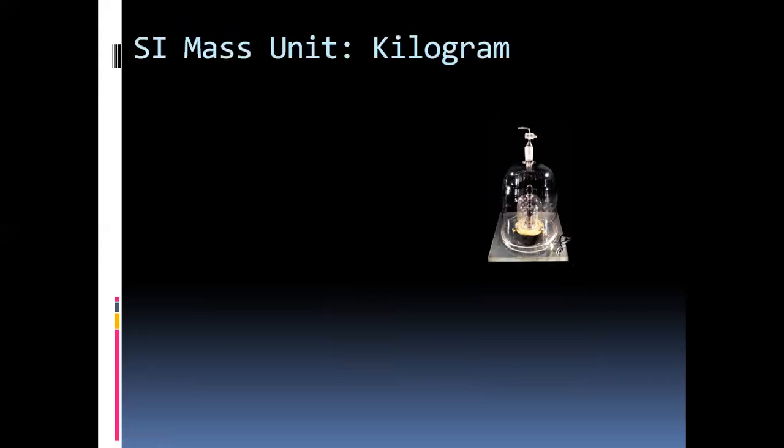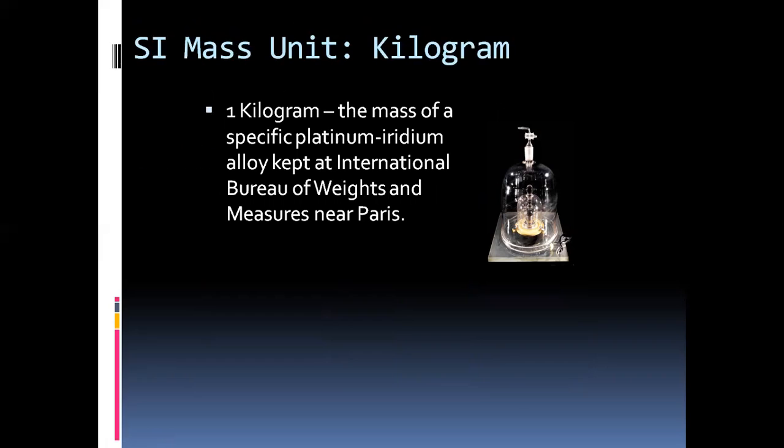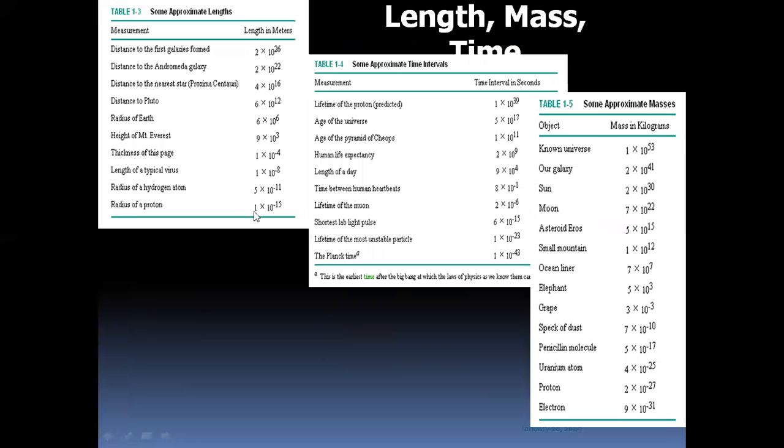The SI unit of mass, one kilogram, is the mass of a specific platinum alloy kept at the International Bureau of Weights and Measures near Paris. I show some examples of lengths, times, and masses.